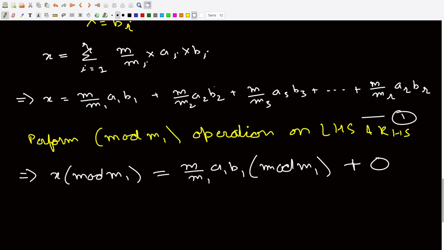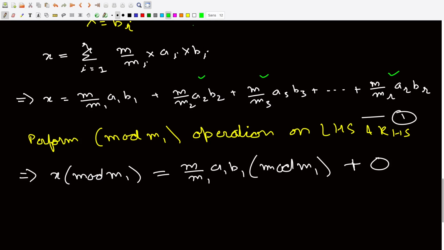If you look at all these other terms and divide them by m1, the remainder will be 0. The reason is that all these terms, m over m2, m over m3, m over mr, contain m1, and hence each entire term is a multiple of m1, because of which, when divided by m1, they translate to 0.